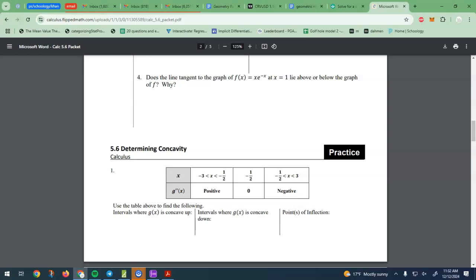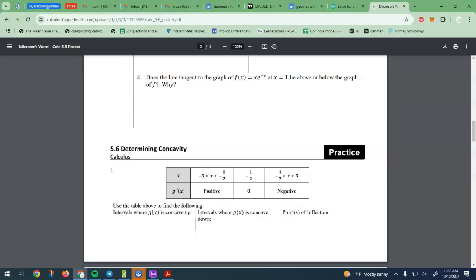What rule do I have to use? Product, and then there's like a chain rule, which is negative x something. So product rule is the second thing times the derivative of the first thing plus the first thing times the derivative of the second thing.